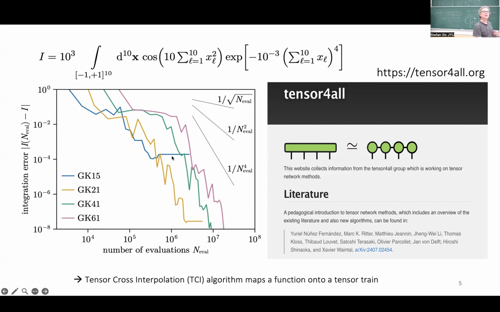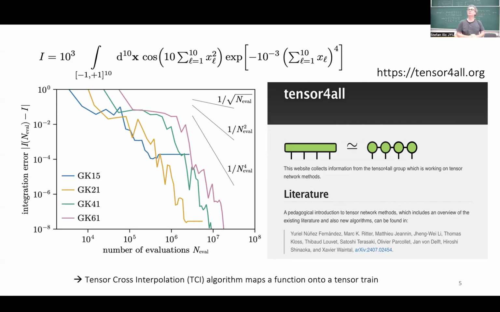This saturation means that you are actually limited by the fact that you don't have enough points. So 15 to the power 10 points was not enough. That's why it saturates. So the factorization itself, TCI itself, is exact. It's better than this precision. If you go to 21 points, you get the same thing with better than 7 digits. And if you want to go beyond that, you need at least 41 points. I didn't continue, but the curve continued.